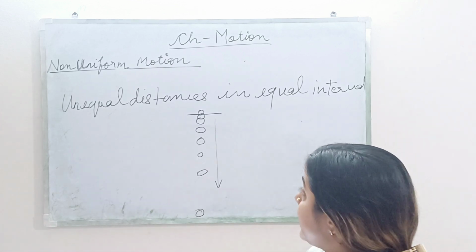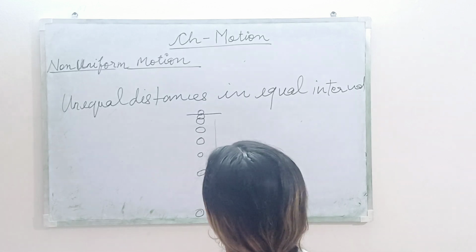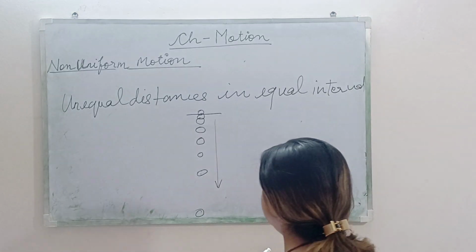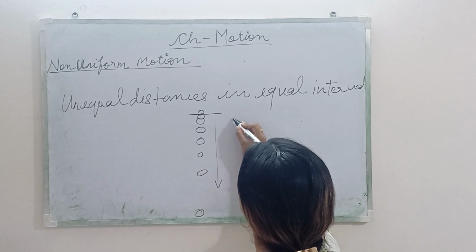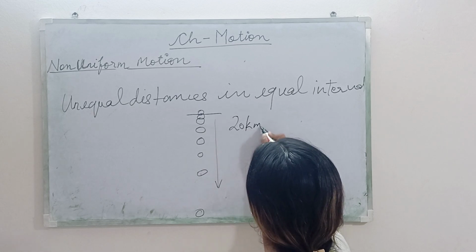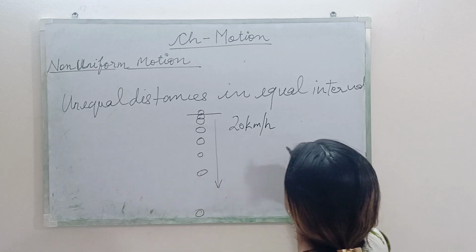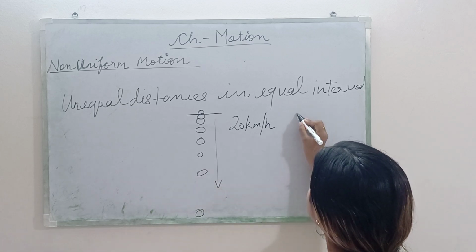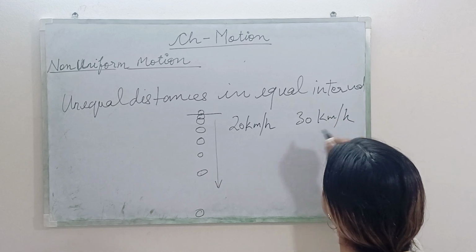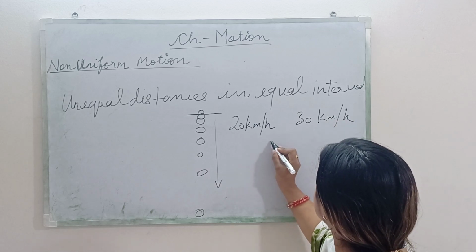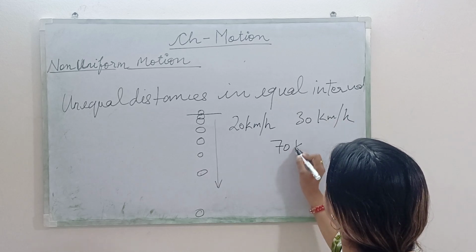Okay, this I can explain you with the help of another example. Suppose the car is traveling. Initially the speed of the car is 20 kilometer per hour. Then after some time, the speed of the car became 30 kilometer per hour. Then 70 kilometer per hour.